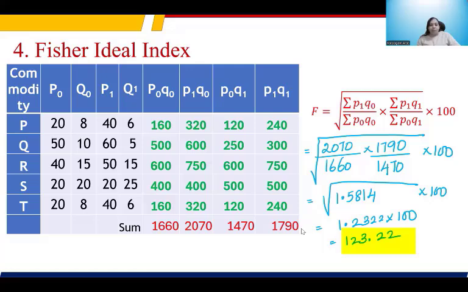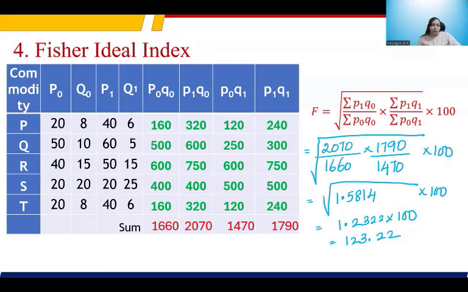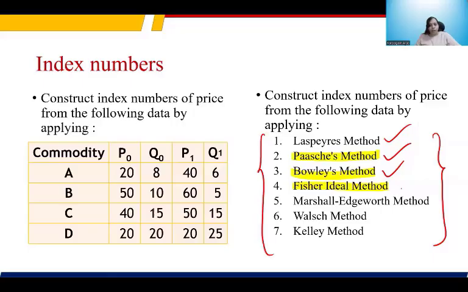Compare the answer between the previous one to this one. This gave us an answer of 123.22. And the previous method also gave us the answer of 123.22. So whichever method you're using, your answer must be right. Yes, it is easy. Let's move on to the next one. Now that we have finished with Fisher Ideal Index, let's go ahead and calculate Marshall-Edgeworth method.